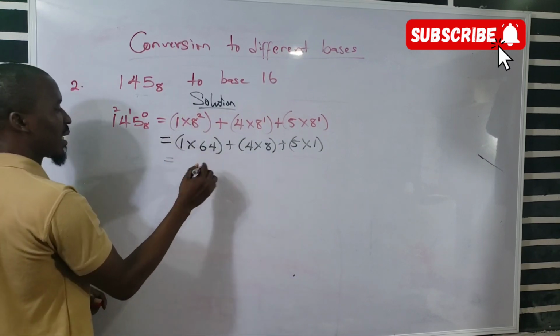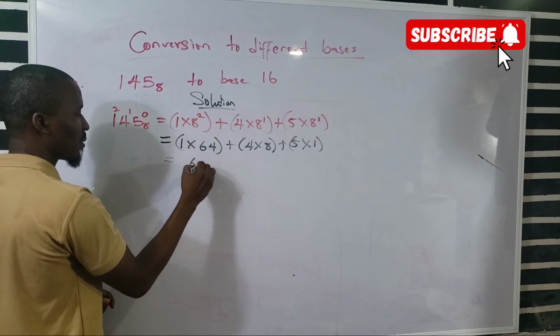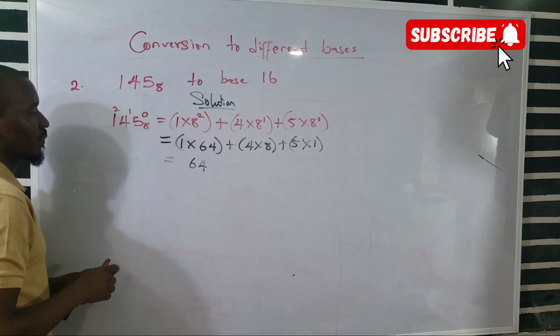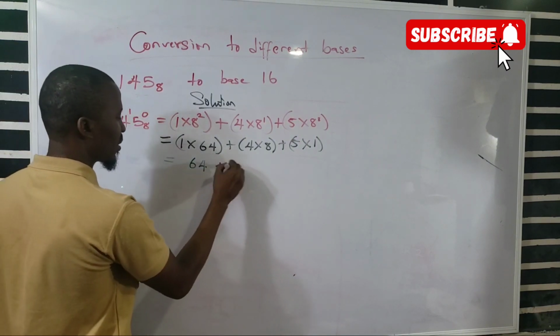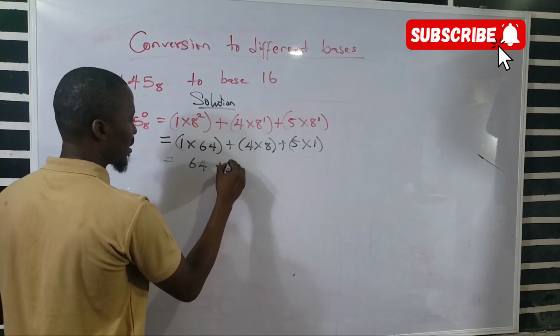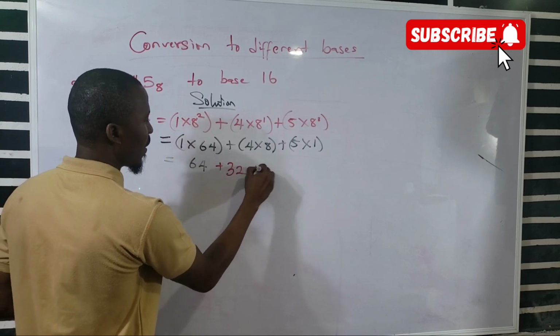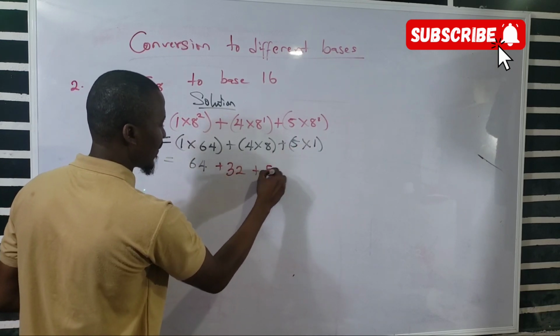So 1 times 64 will give us 64, plus 4 times 8 will give us 32, plus 5 times 1 will give us 5.